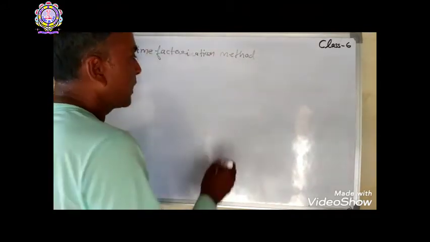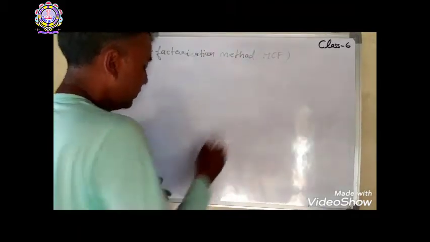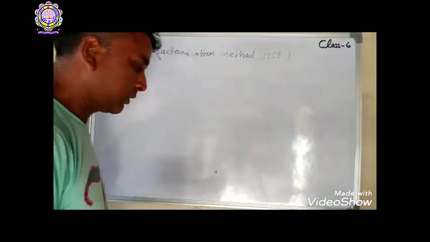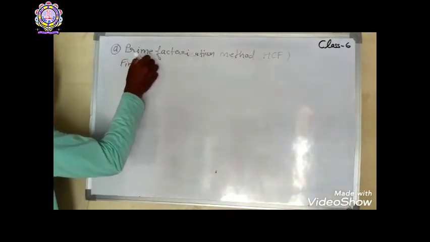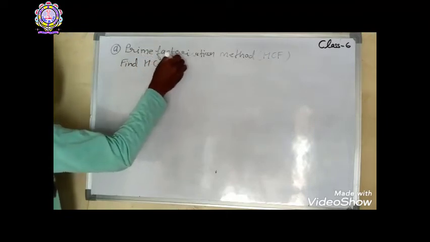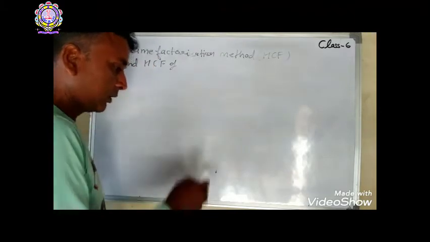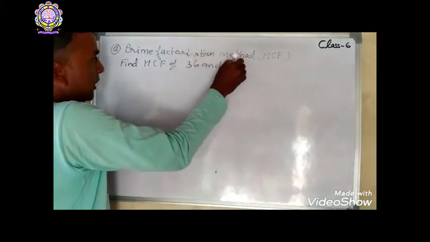Prime factorization method of HCF to find the HCF. Consider one example like 36 and 48. Find the HCF of 36 and 48.